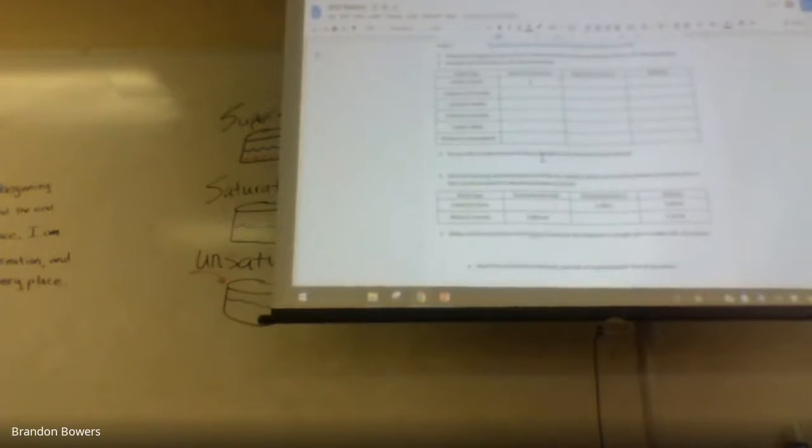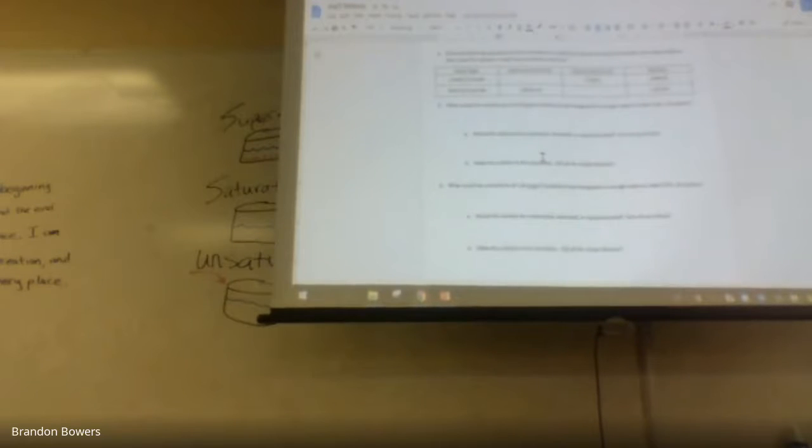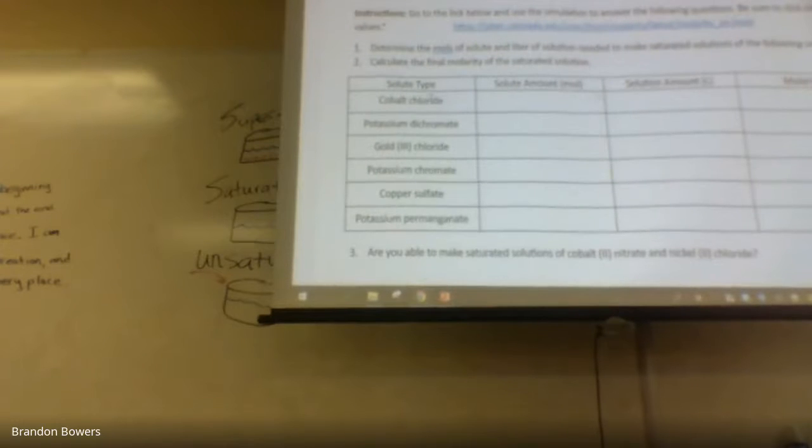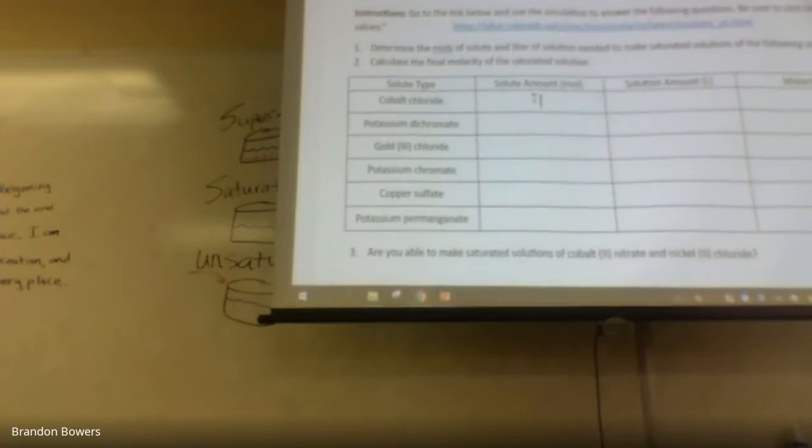Just got a few questions to answer at the bottom about saturated and unsaturated, and then we'll be good to go. So what you're doing is looking at each one. Cobalt chloride, that's the one I'm on. Cobalt chloride says, what is the solute amount that I added?